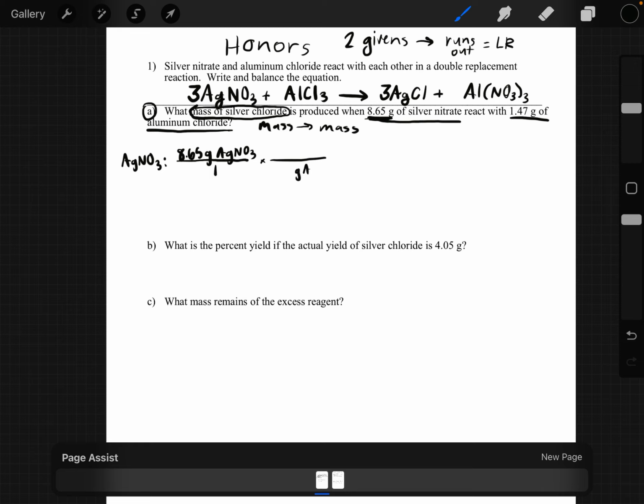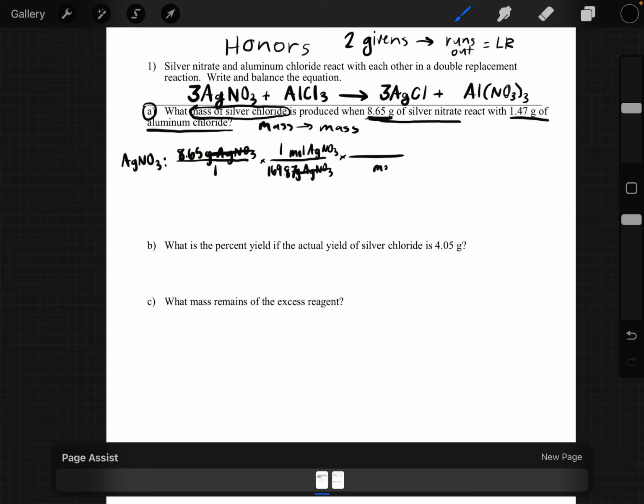Start the diagonal, we're going to put silver nitrate on the bottom, and we're going to get to moles of silver nitrate. Okay, and the molar mass of silver nitrate, what Google says is it's 169.87 grams. Okay, we're going to cross this out, and we're going to move on.